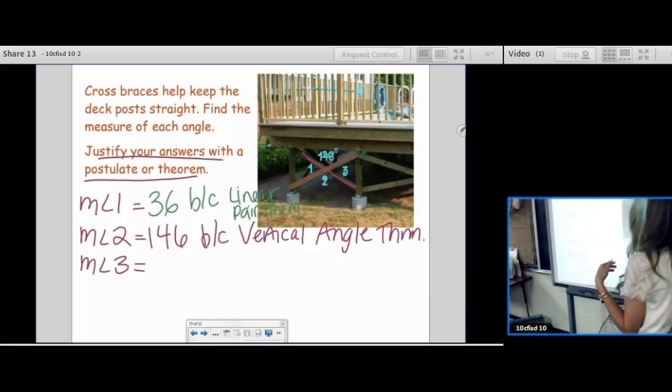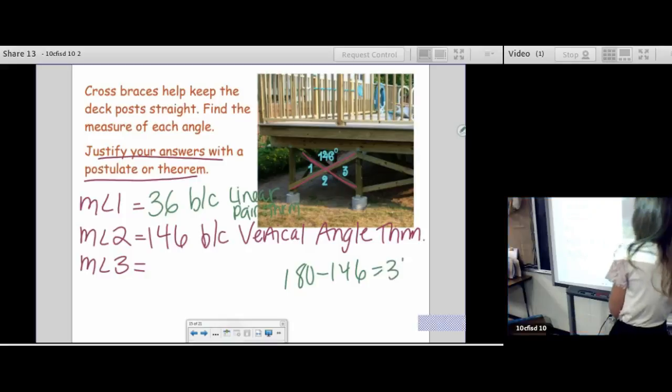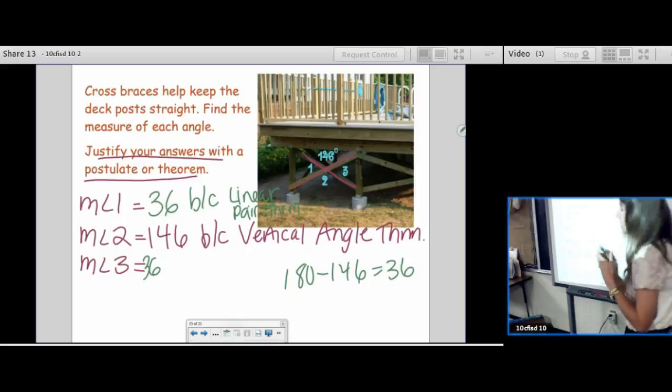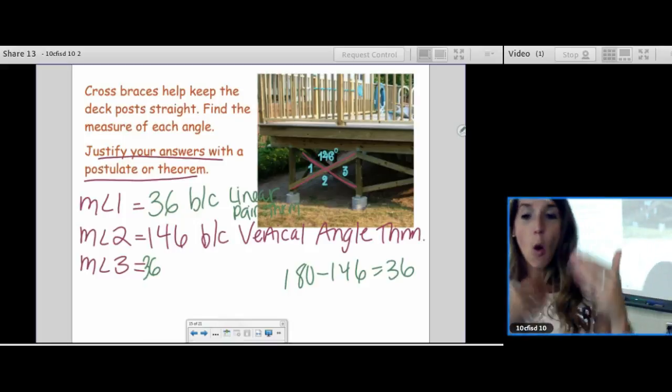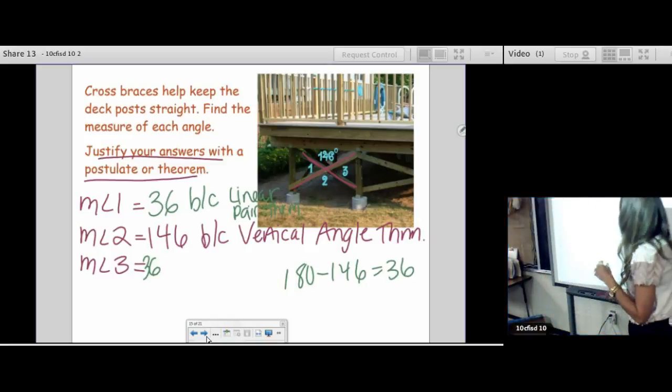The supplement of 146 is 36. And then angle 3 would be 36 as well. You could cite the linear pair theorem or the vertical angle theorem for number 3. You could use either one now that you have both of those angles. Okay, let's move on.